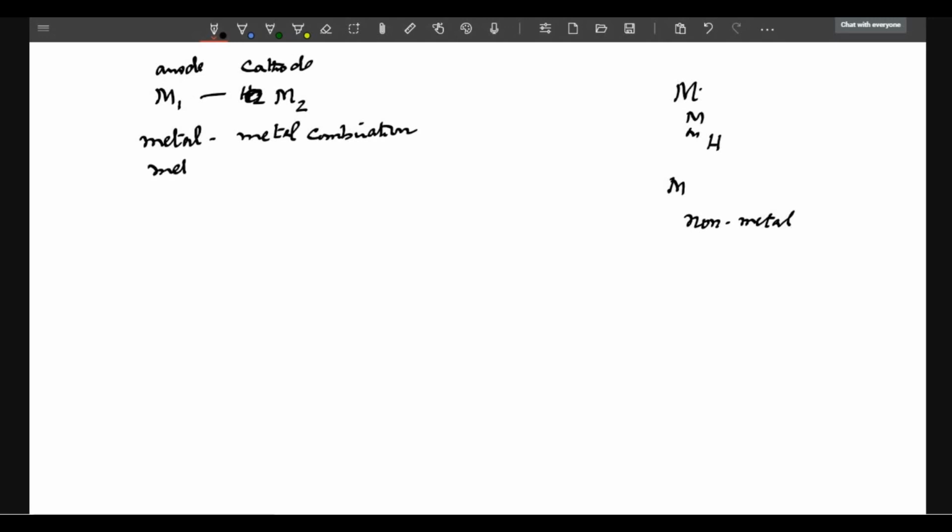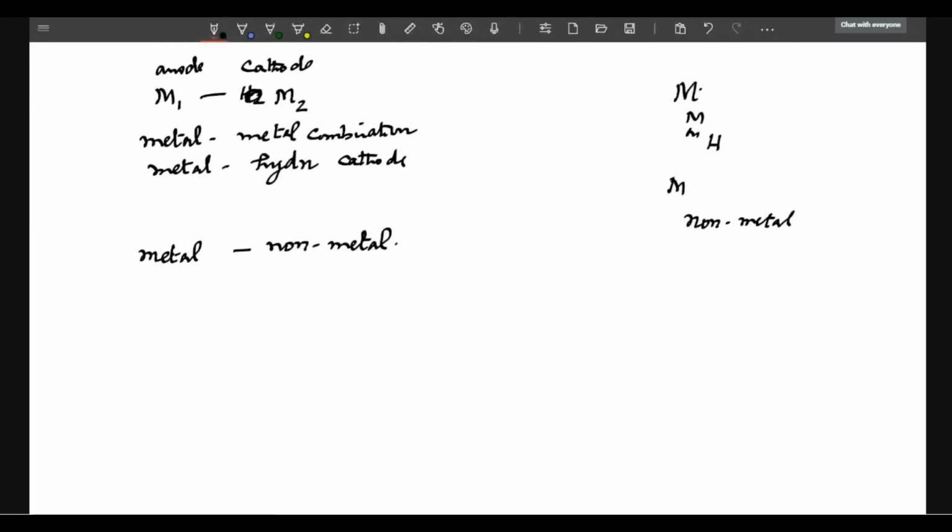The next possible combination is metal as the anode and hydrogen as the cathode. Another possible combination is metal and non-metal: the metal as the anode, and definitely the non-metal would be the cathode.